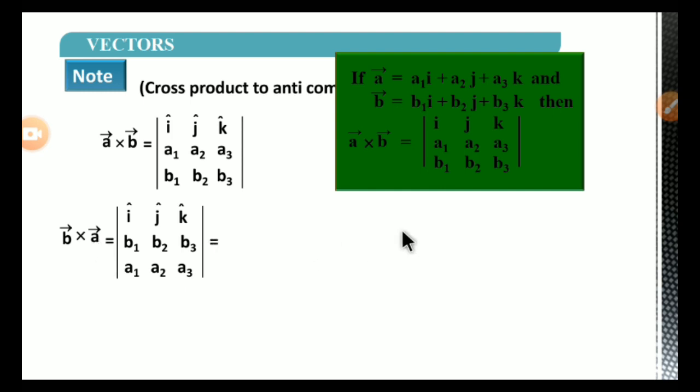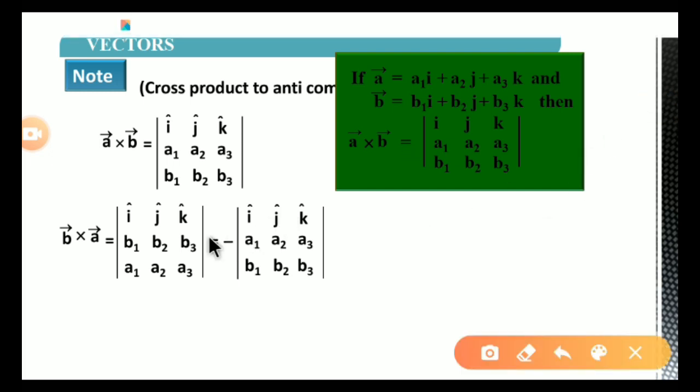Now, by using the property of determinants, whenever we interchange any two rows of a determinant, the value will be multiplied by minus. So I am going to interchange the second row and third row. The third row becomes the second row and the second row becomes the third row. See here, students, I am interchanging these two rows, so minus will be multiplied to this determinant value.